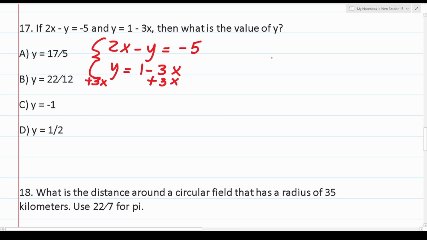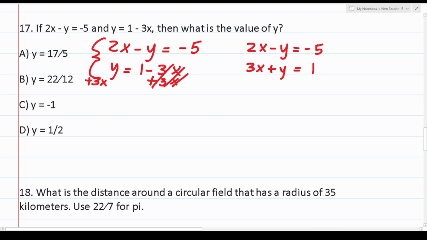I'm just going to copy over this first equation since we're not going to make any adjustments to it. We have 2x minus y equals negative 5. And right here, I added 3x to both sides, so this becomes 3x plus y equals 1. And negative 3x plus 3x just crosses out.